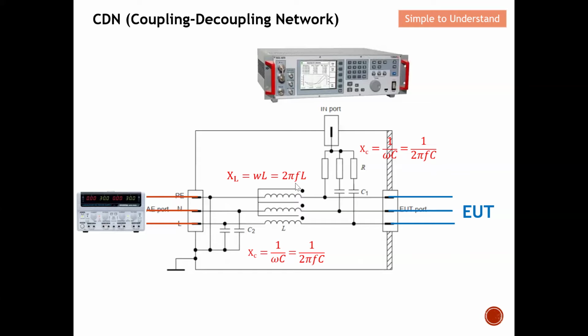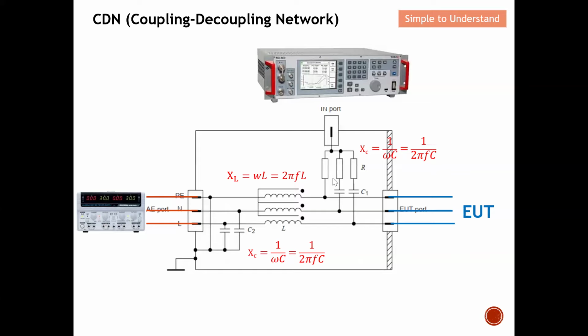So the impedance becomes high, and this provides an obstacle to prevent the current from flowing down this path. Because of this, when a high frequency signal is injected by the signal generator, it will travel here, the capacitor will be a short circuit, and it will disturb your EUT.